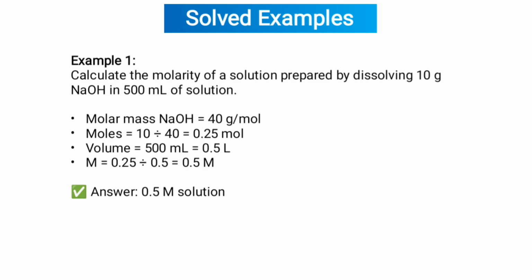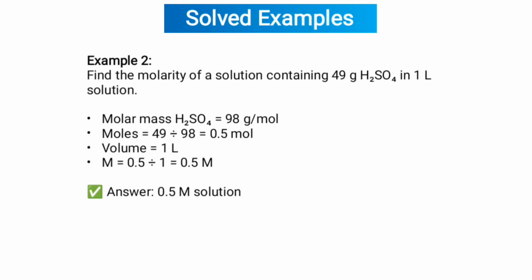Moles is equal to 10 divided by 40, which is equal to 0.25 moles. Volume, which is 500 milliliters, is equal to 0.5 liter after conversion. So, molarity is equal to 0.25 divided by 0.5, which is equal to 0.5 M. So, the answer is 0.5 M solution.